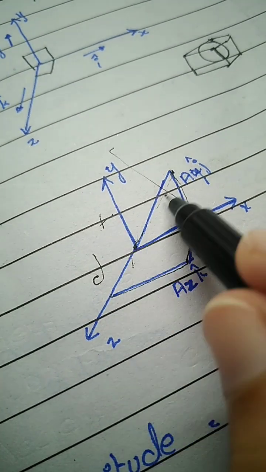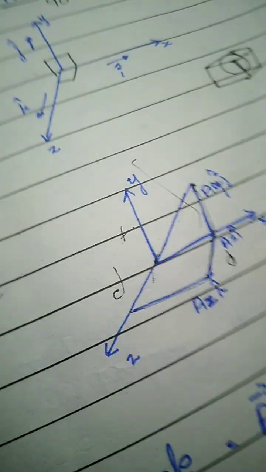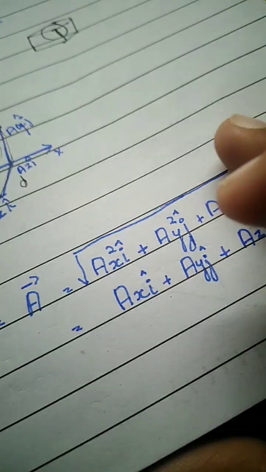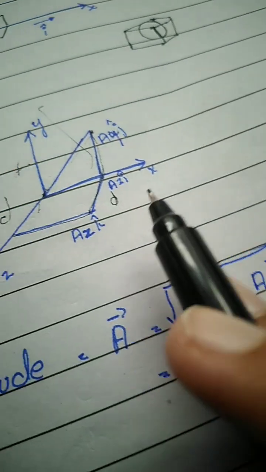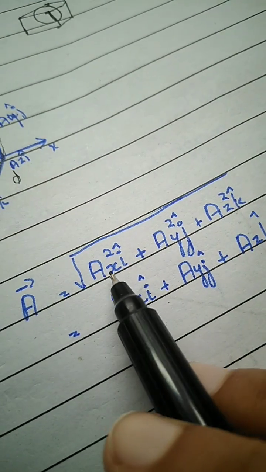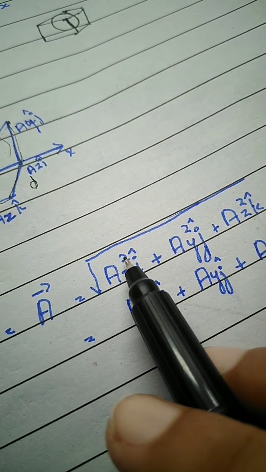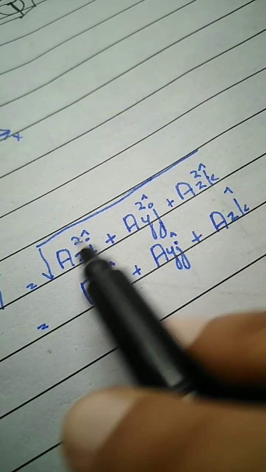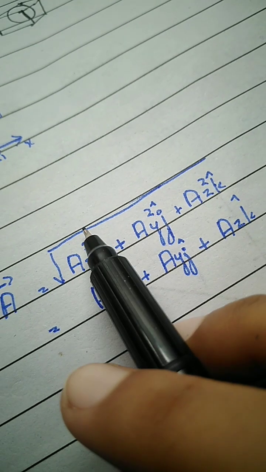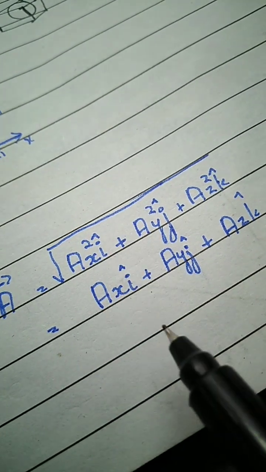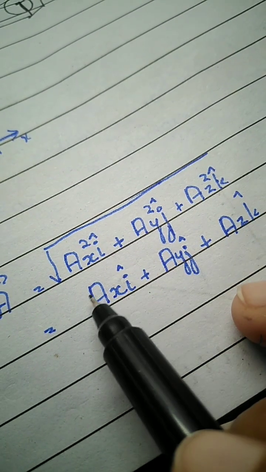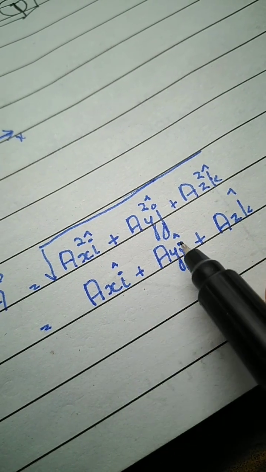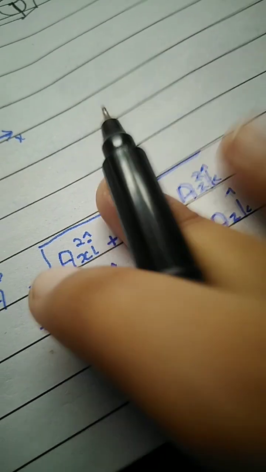To calculate these types of equations we use a formula. If we have three axes, we write a_x squared plus a_y squared plus a_z squared, under the square root. The root is cancelled by the squaring, and that's all about its calculation.